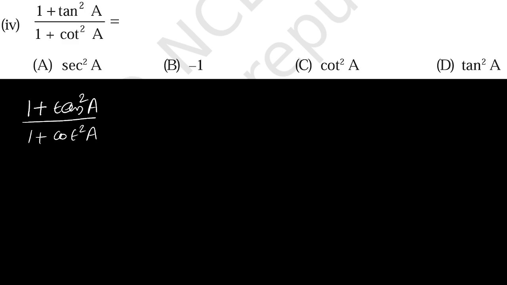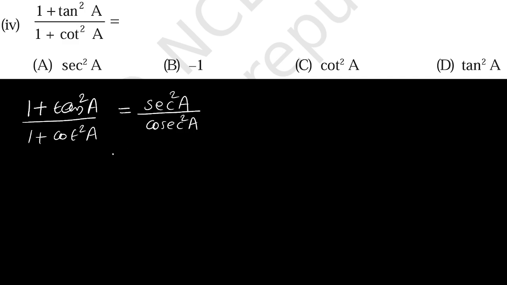After this class, please memorize all the identities today itself. 1 plus tan square a, you have written the identity, sec square a. You can refer to your notebook. 1 plus cot square a, we have the identity cosec square a. Understood?